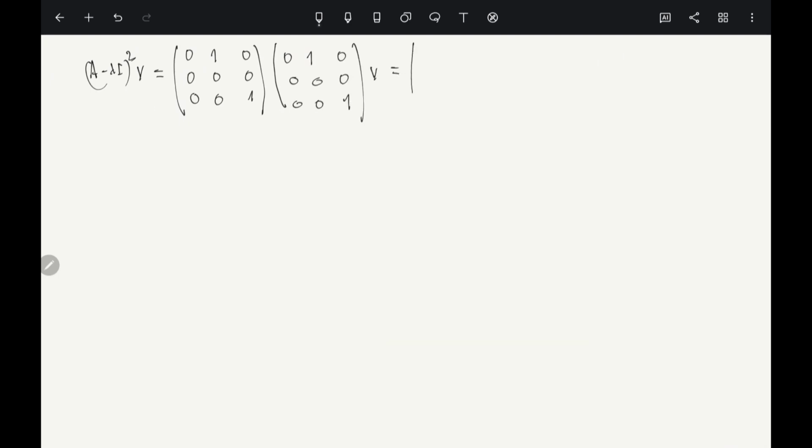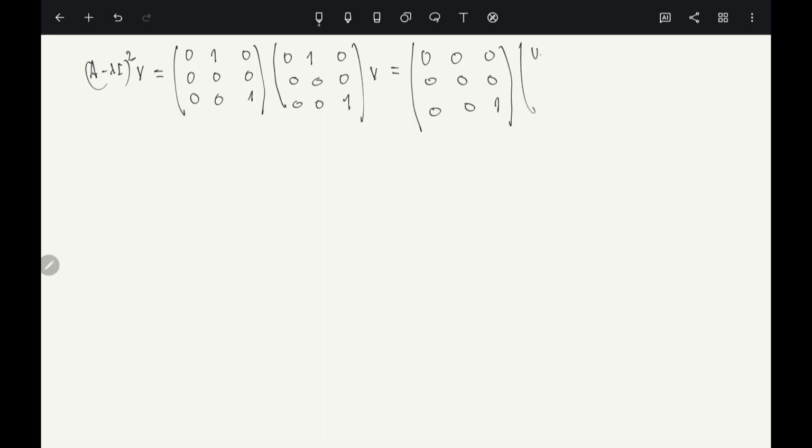Which you calculate, it becomes the first row 0, 1 2 is 0, and 1 3 is 0. The next row is again 0, 0 and 0. The third row is 0, 0, and 1 times 1 is 1.